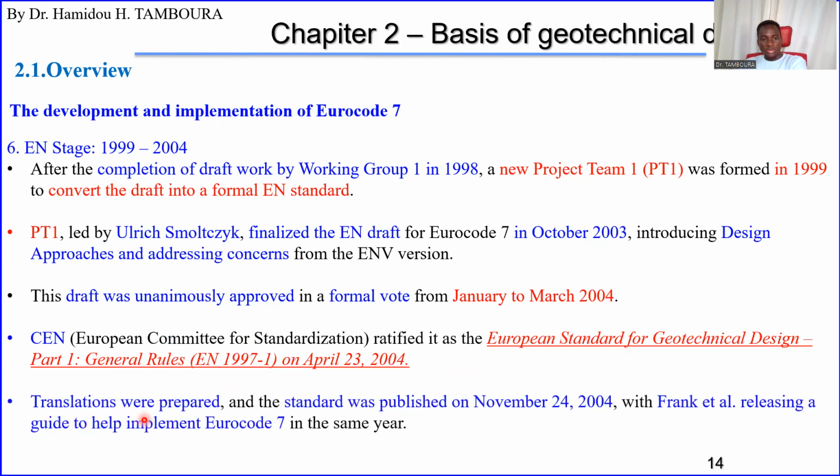Translations were prepared because in Europe there are many languages. The standard was ratified on 23rd April 2004 and published on November 24th, 2004, the same year.